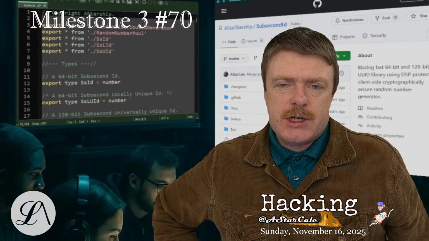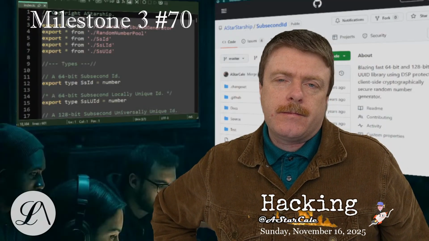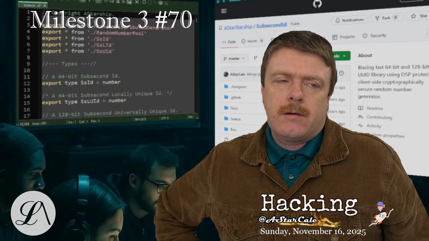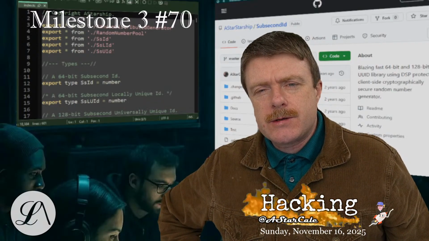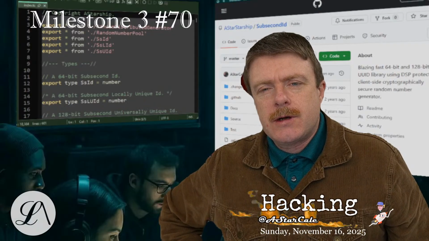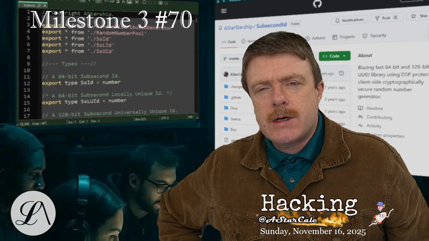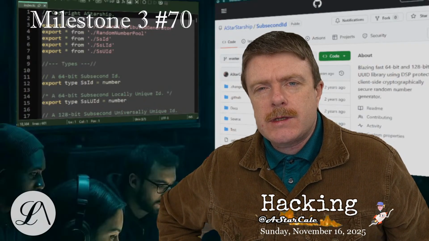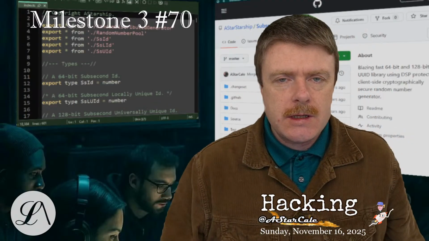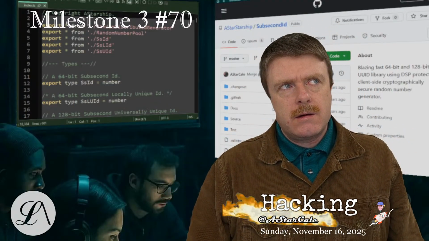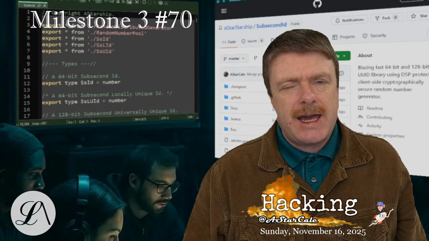So the idea is not that we don't have your standard cryptographically secure random number generator. I'm not 100% sure of the difference between a quasi-random number generator and cryptographically secure. I think cryptographically secure just means you can't hack it.